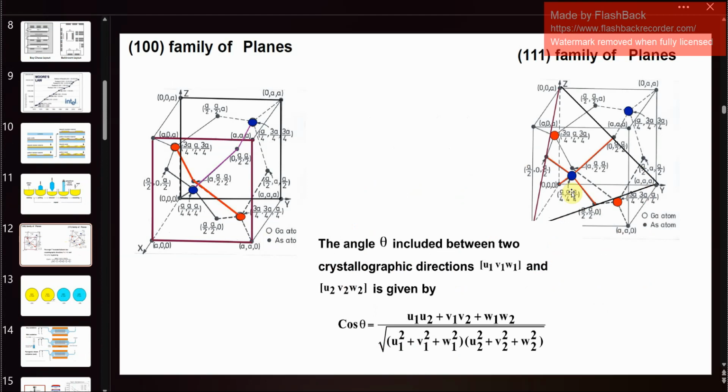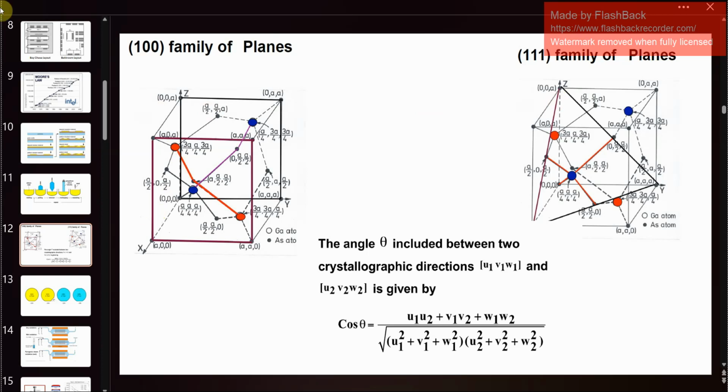You can see from this projection, one side of a rectangle is the 110 plane, whereas the 111 plane has this triangle. So there is very little obstruction to the etchant to flow. The atoms are not closely held together. That is why in the 110 plane, the etching will be faster compared to the 111 plane.